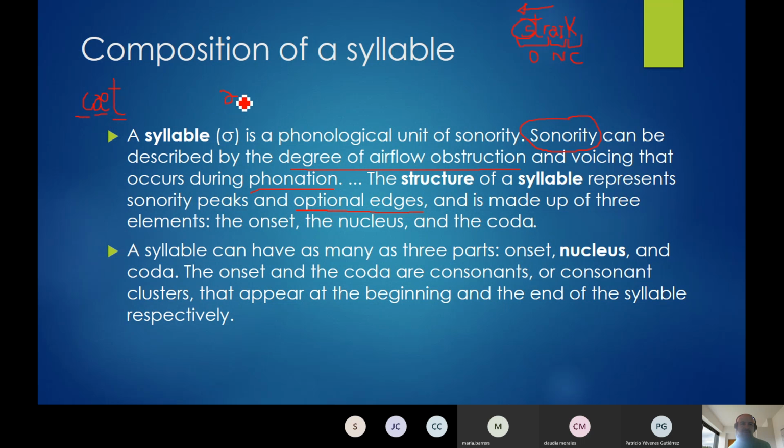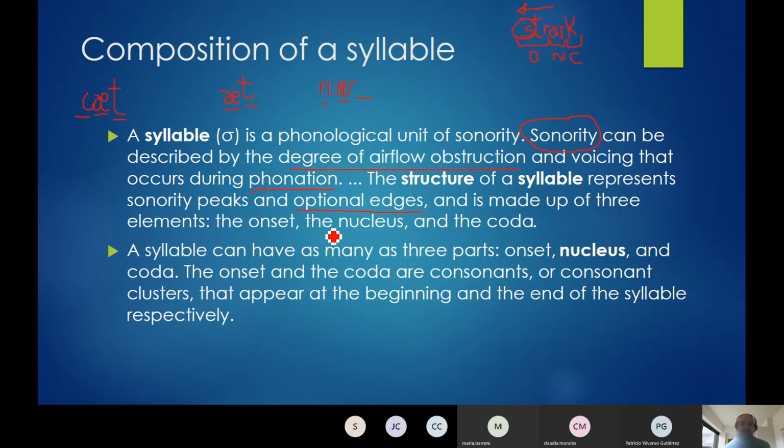But when we say, for example, a word like "eat," we only have a nucleus and a coda, and we have zero onset, no onset, right? And the same thing when we say, for example, no. We have an onset, we have a nucleus, but zero coda, no coda. So that's why they are optional.